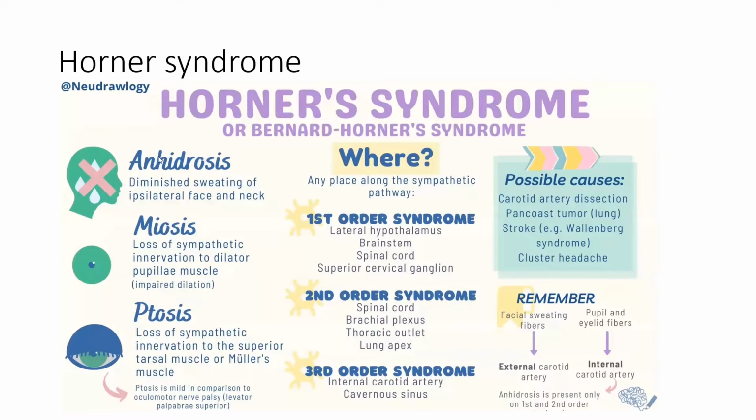Okay, and you're going to present with anhidrosis, meiosis, and ptosis, all of which are signs of sympathetic overactivation. Parasympathetic overactivation. Okay.